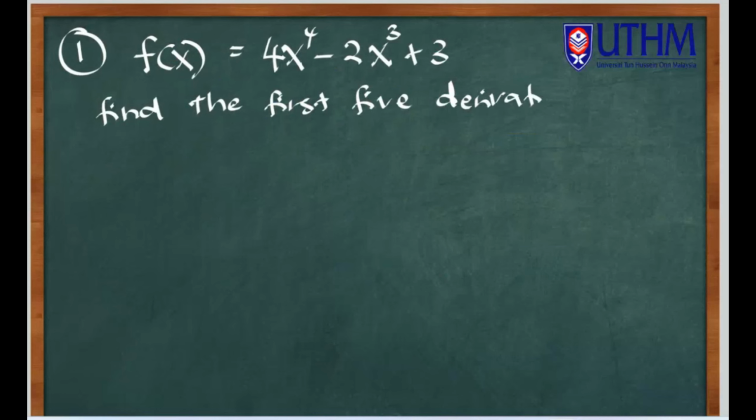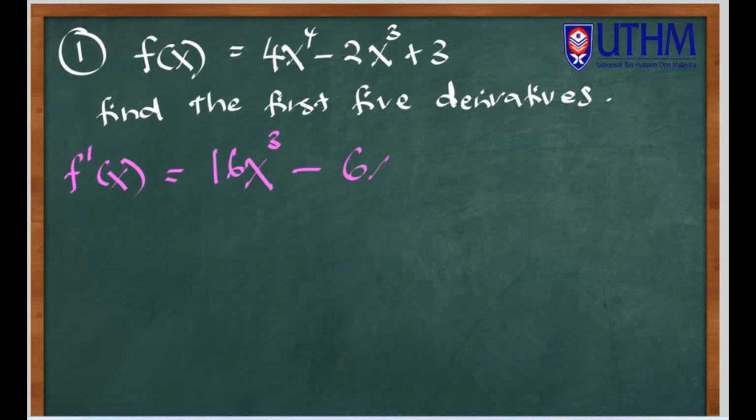So f prime x, the first derivative: when we differentiate our function, we get 16x cubed minus 6x squared. This is the first derivative.